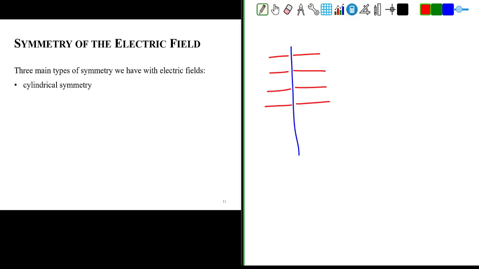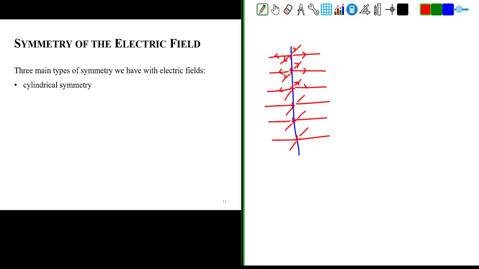So I'm drawing a bunch of electric field lines. This is a line of charge. So this line of charge is in three-dimensional space, but being a line, the line only has length. It doesn't have width or depth, just a length. And if this line of charge, let's say, were due to a uniform charge distribution, we would have cylindrical symmetry of the electric field.